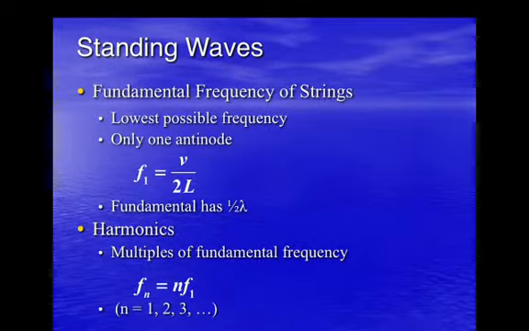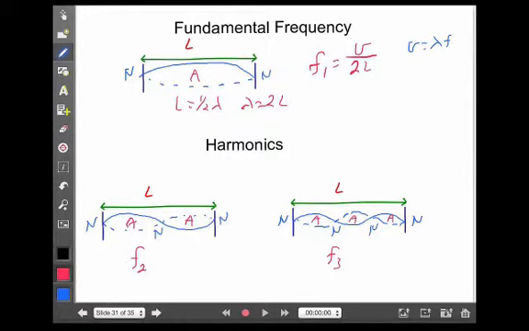And to get whatever harmonic you want, called the nth harmonic, we take that number n and multiply it by our fundamental. So if I want the third harmonic, whatever the fundamental is, I multiply it by 3. If I want the 27th harmonic, whatever the fundamental is, I multiply it by 27. But again, as the frequency goes up, the wavelength must go down by the same proportionality.